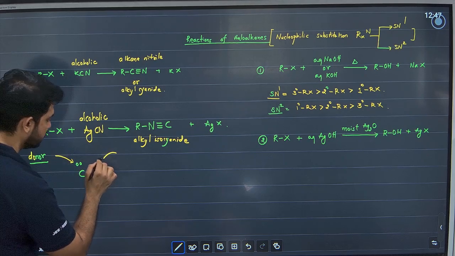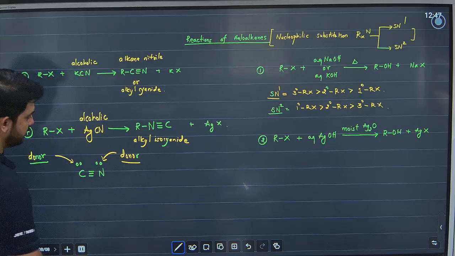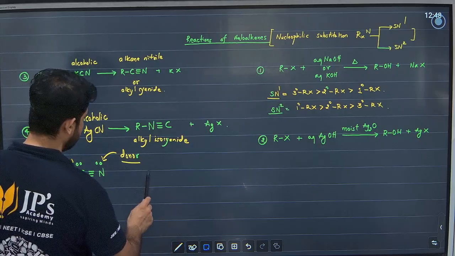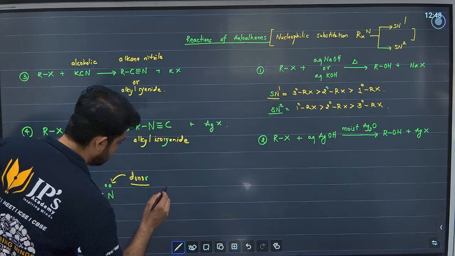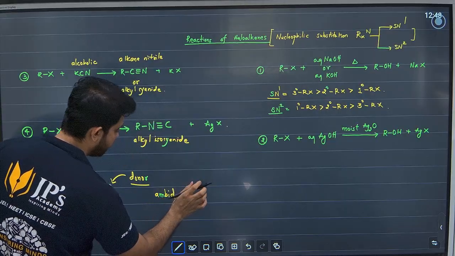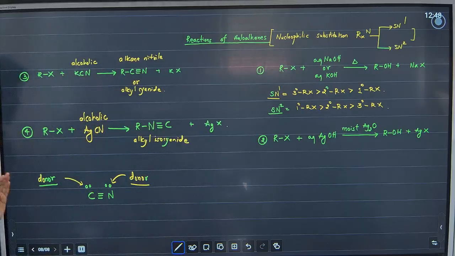Can both act as donors simultaneously? No. So the first thing to remember is that it's an ambidentate nucleophile. We did this earlier. It's monodentate, but only one donor at a time. We called it ambidentate.